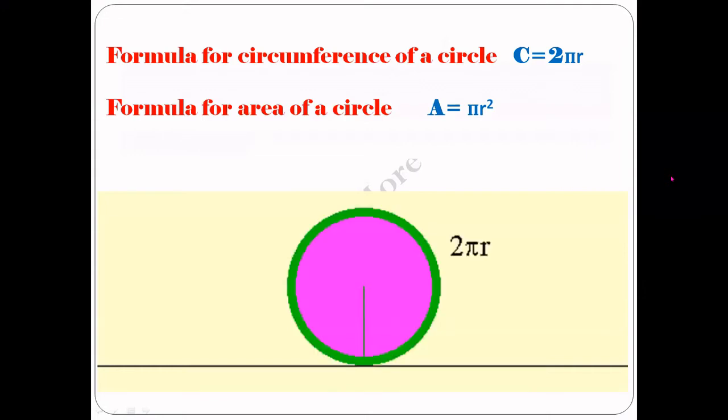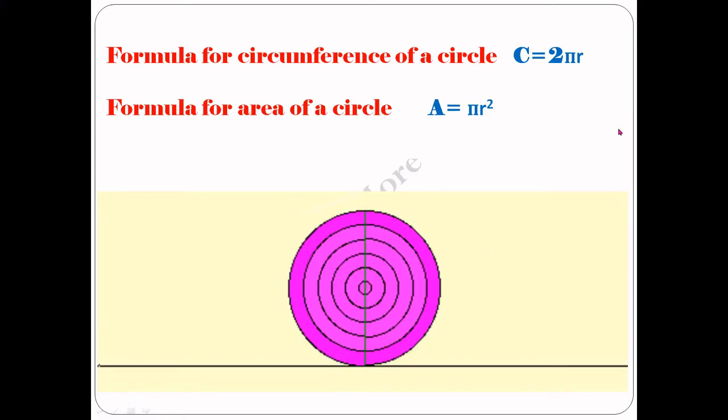Here are some more examples for formulae. C equals 2πr. In next lessons of the second term, you will learn about this formula C equals 2πr. That is the formula for finding the circumference of a circle.